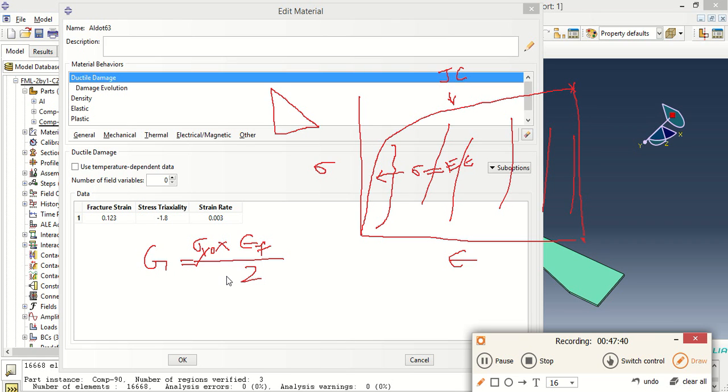Apart from this, when Abaqus uses the damage evolution, it also uses how this damage is evaluated. This criterion, damage evolution, is used because the direction in which the damage occurs is not known in advance.